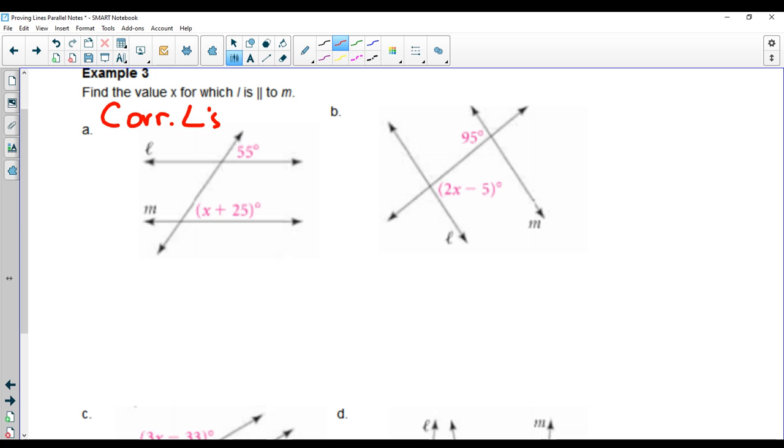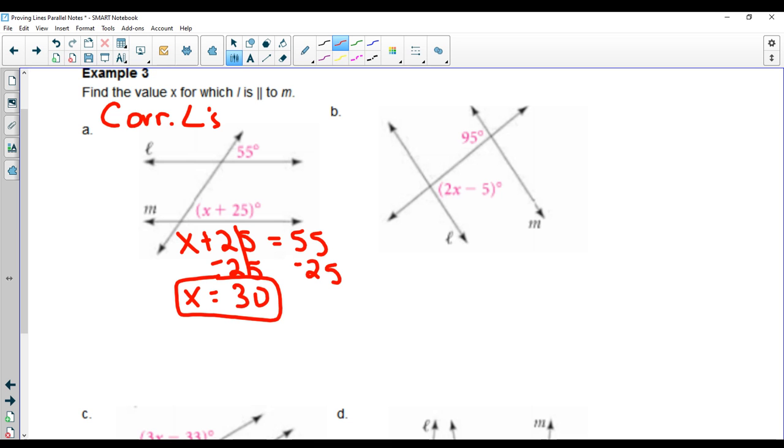So these are correspondings, and in order for them to be corresponding, they have to be equal. So we take x plus 25 and set it equal to 55. Okay? And the only way to make L and M parallel is if x is 30. Right? If x was anything else but 30, the lines aren't parallel.